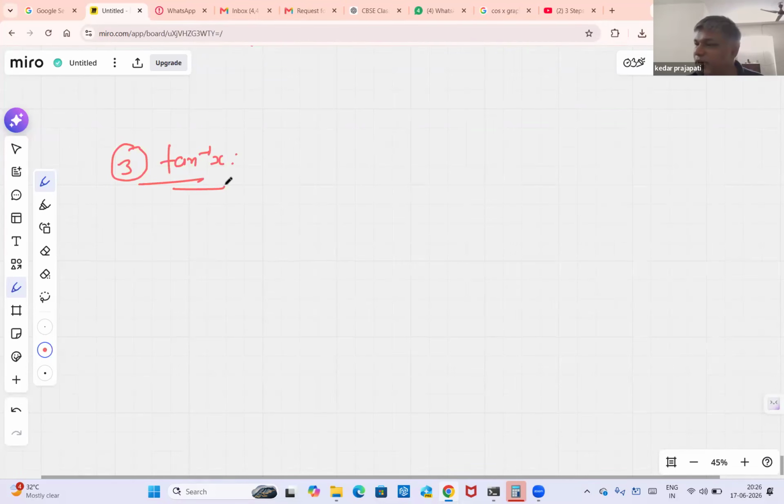You might have heard about Iron Man. Iron Man going. So the graph will be like this. So Iron Man is going like this. Just give me a minute. I'll just tell how it looks. So tan inverse x.